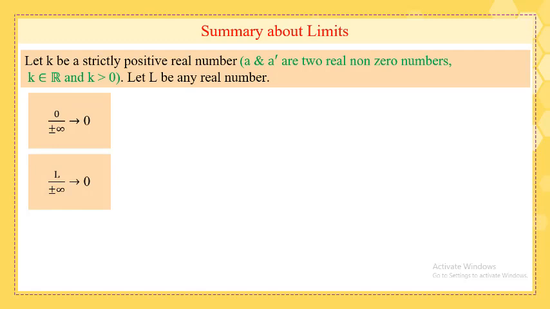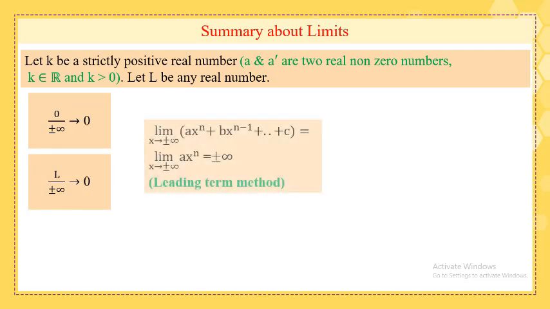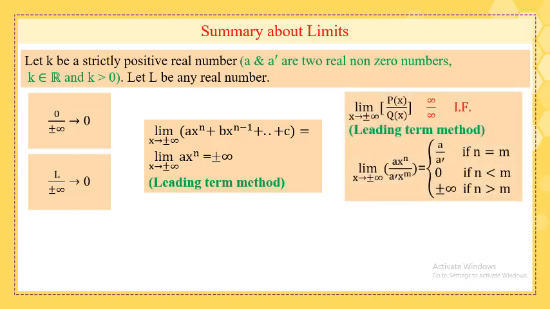The limit of a polynomial at plus or minus infinity, using the leading term method, will be the limit of a x^n as x tends to plus or minus infinity, which will be plus or minus infinity. The limit of the ratio of two polynomial functions, using the leading term method, will be one out of these three cases.